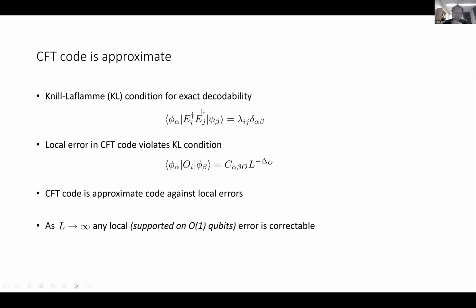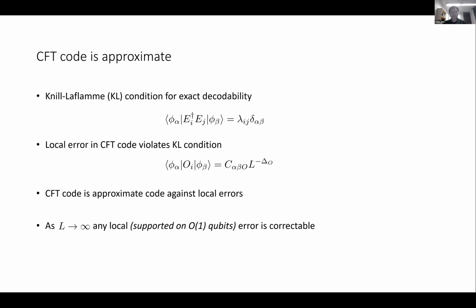And exact decodability requires that this matrix element must be diagonal with respect to the alpha beta index. What this means is very simple. It's just that errors cannot destroy distinguishability between code word states. Suppose you start with phi beta, which is a code word, and then some error happens.